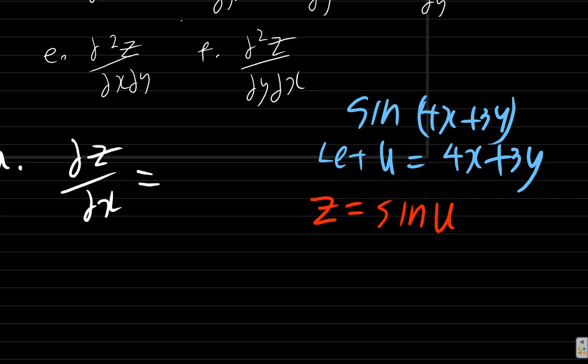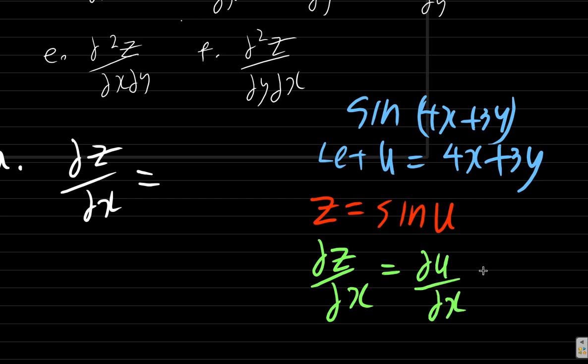Now, ∂z/∂x would be equal to ∂z/∂u times ∂u/∂x.